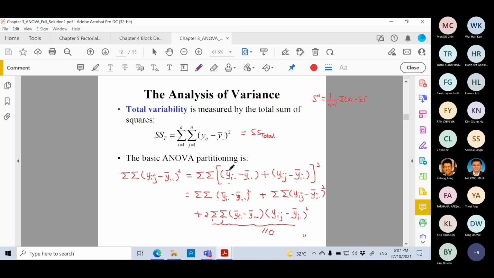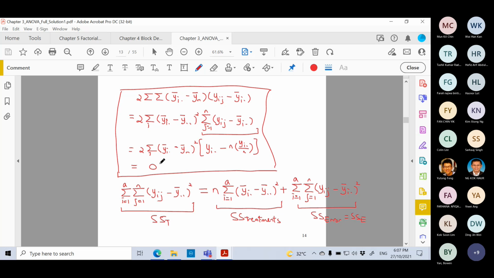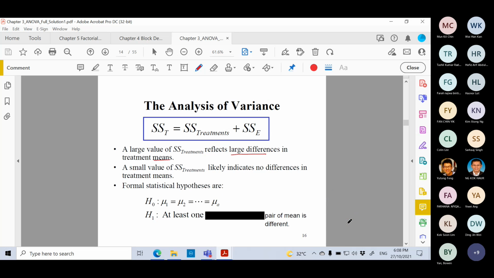The first component, the second component, and the third component arise because you do the expansion of the square. However, the third component will equal 0, as I also mentioned, so that you will have only two components. The overall sum of squares will be partitioned into the sum of squares for treatment and the sum of squares for error.